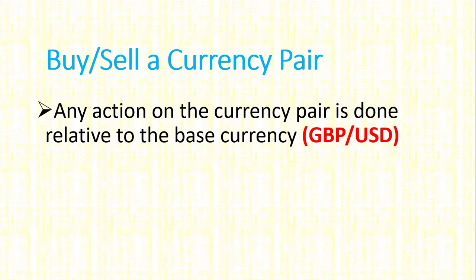Any action on this will be based on the base currency. So if you're buying the sterling pound versus the USD pair, you're buying the sterling pound while selling the US dollar. If you're selling that pair, you are selling the sterling pound while you're buying the US dollar.